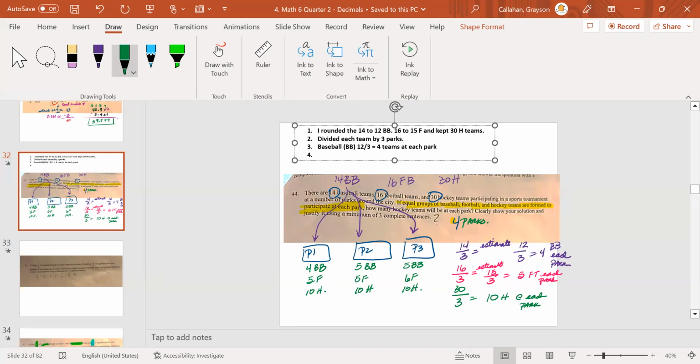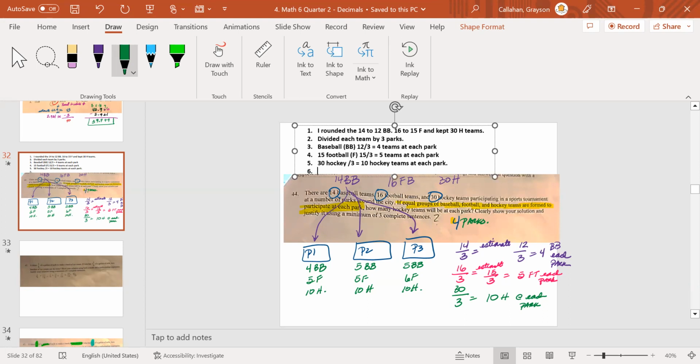And then you went ahead and did 15 football. 15 divided by 3 equals 5 football teams at each park. And then lastly, 30 hockey divided by 3 equals 10 hockey at each park. Right? And that's what you can do.